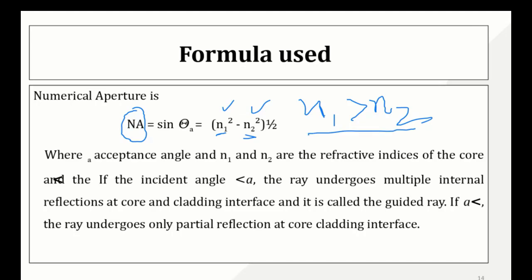This formula we can derive from Snell's law, sin i by sin r, and we get this expression for the numerical aperture of the optical fiber. So we use this formula to calculate it.